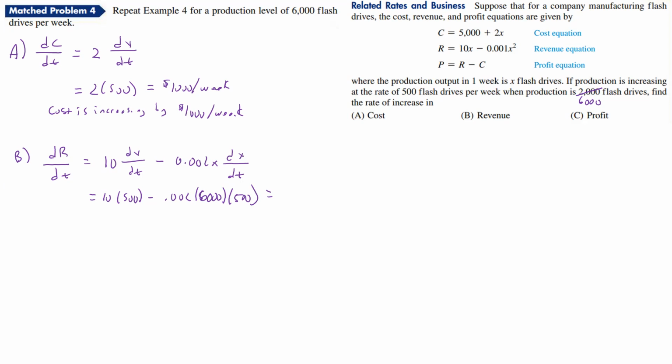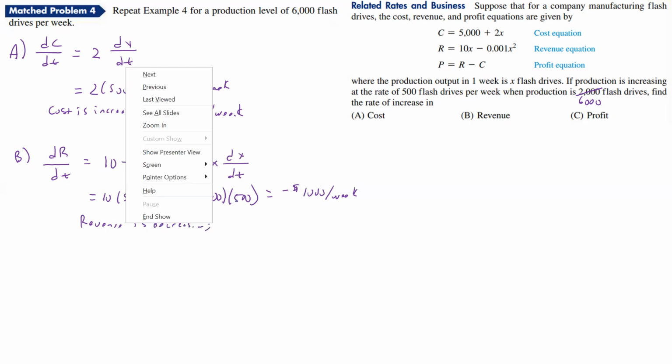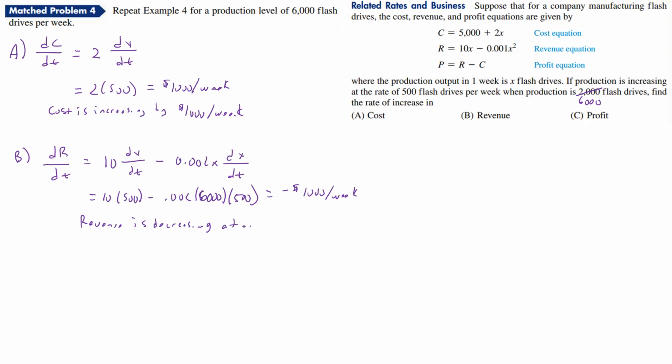So that's going to give us negative $1,000 per week. And so revenue then is decreasing at a rate of $1,000 per week. All right, so that's going to be how that one works.